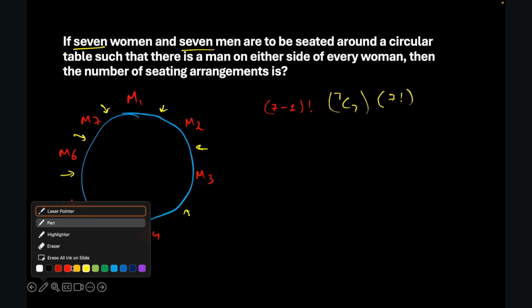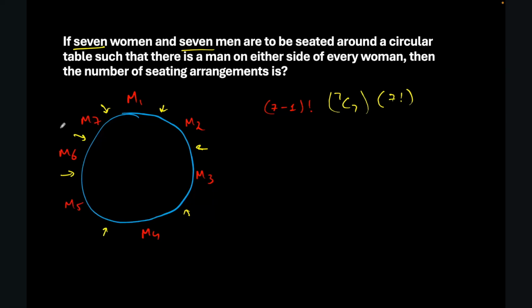If I start filling it up, let's say woman 1 here, woman 2, woman 3, woman 4, woman 5, woman 6, woman 7. Now if I rotate them all the way clockwise, what am I going to have? Woman 7, woman 1, woman 2, woman 3, woman 4, woman 5, and woman 6.